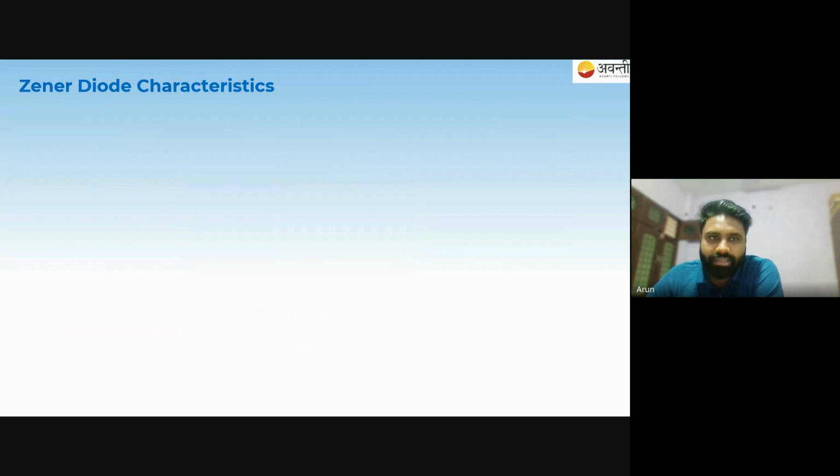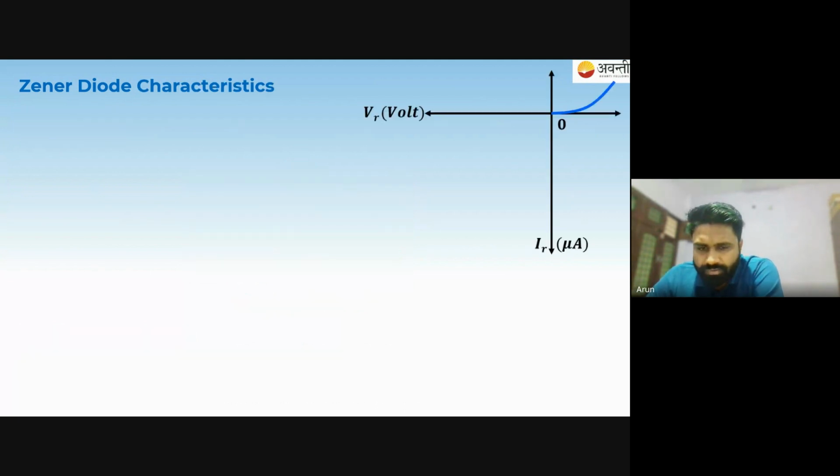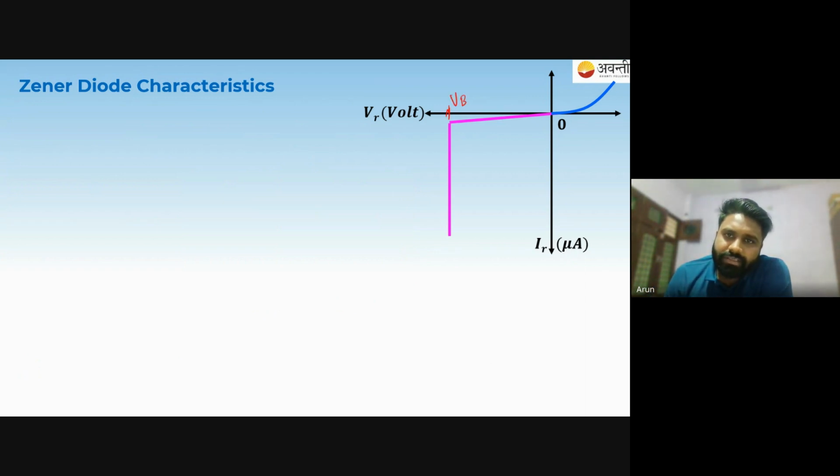Okay. Now if you draw the characteristic of it, when it reaches the VBR, which is the reverse breakdown voltage, the current will immediately shoot up. And if you see, for this value of current, the value of voltage is this. But if you see here, the current has changed significantly, but the voltage has not. The voltage is here only.